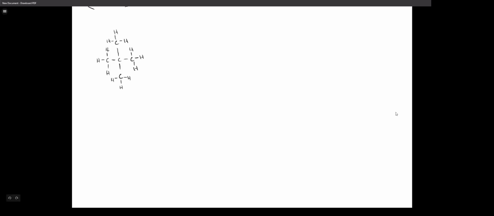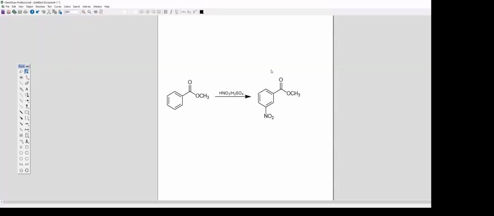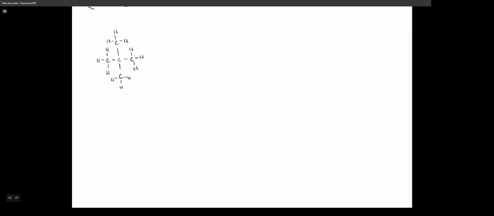Let's try that one. Or better yet, there we go. So that's a simplification, because what did I do to all those hydrogens? Just made the methyls. Yeah, CH3s, good.